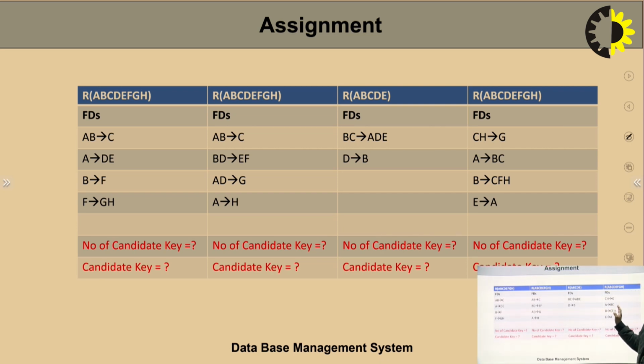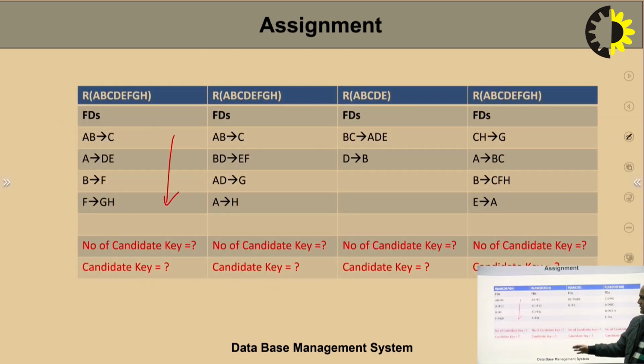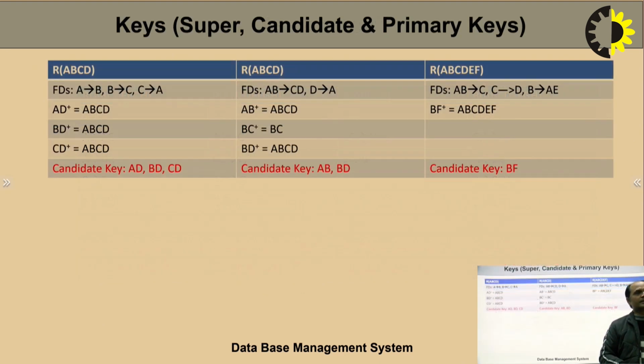These are the relations and these are the functional dependencies; find the closure of those functional dependencies, and after that we can find the number of candidate keys. In these three examples for practice, you can find them in the same way as in this example. So these are the concepts of keys: super key, candidate key and primary key.